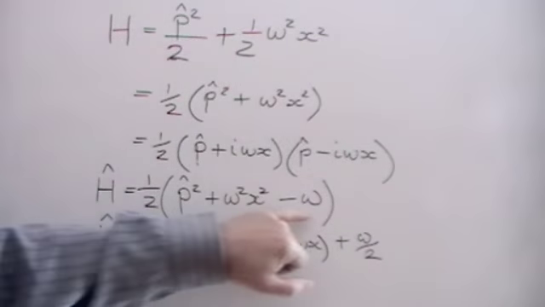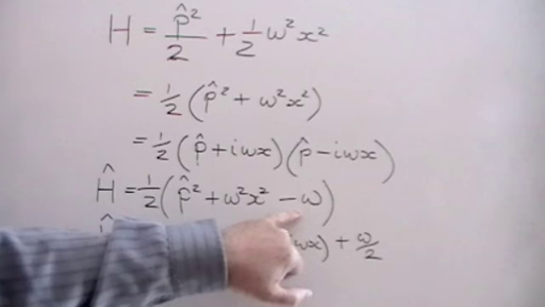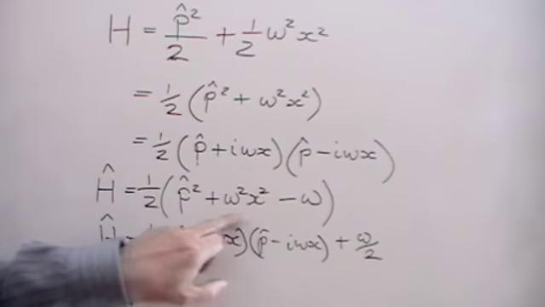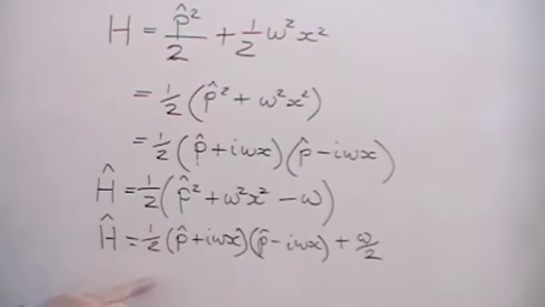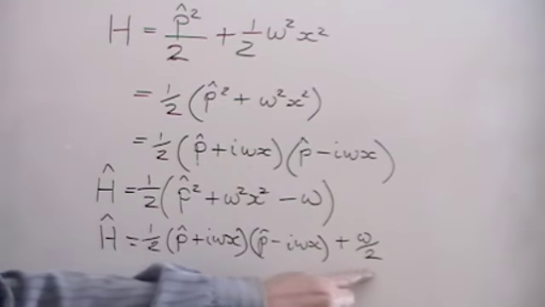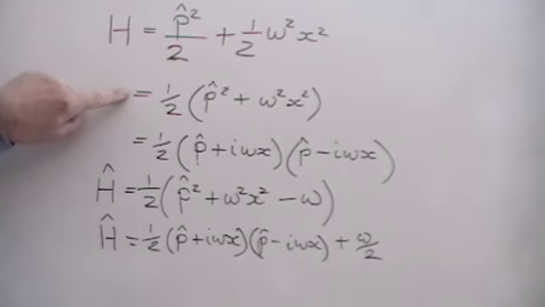If you're going to adopt this route, you have to add an omega over 2 at the end in order that this will be equivalent to this.